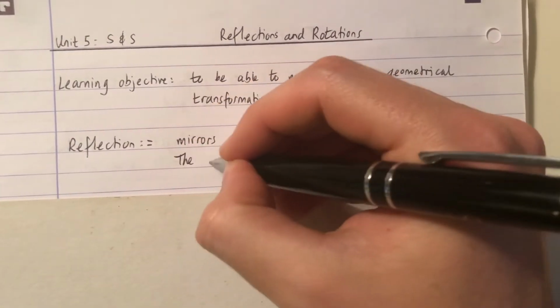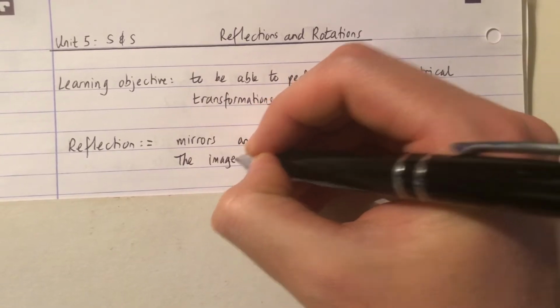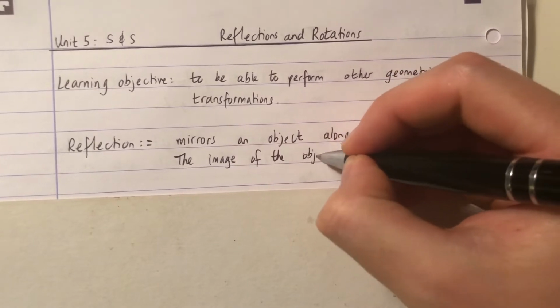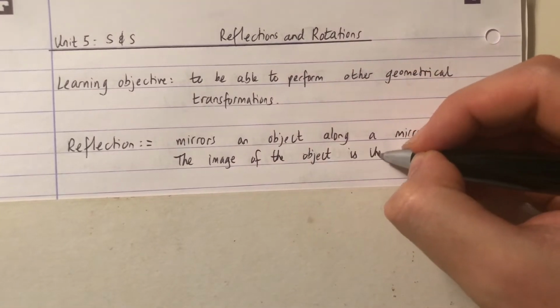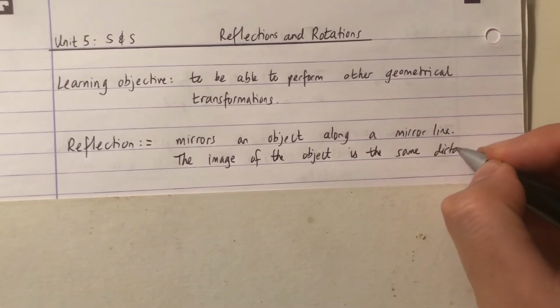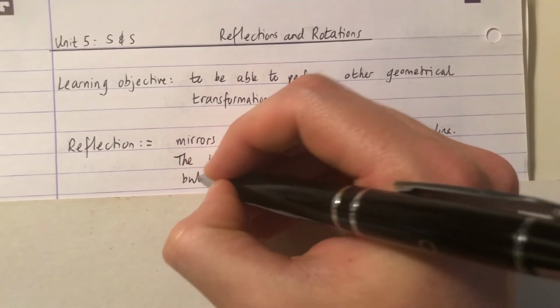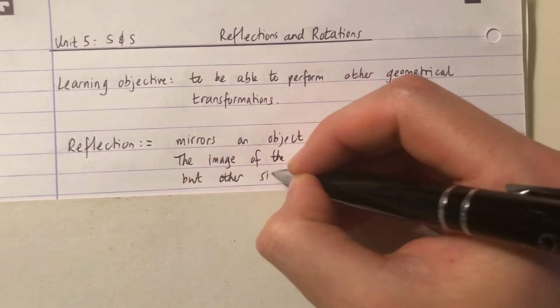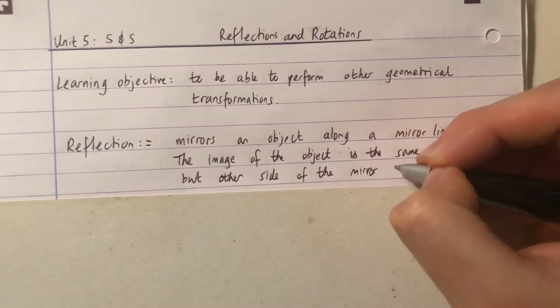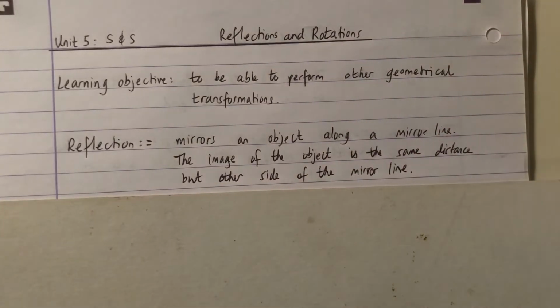So the image of the object is the same distance but the other side of the mirror line. So if you've got an object which is 1 square to the left of a mirror line, it gets reflected, so it's 1 square to the right of the mirror line.